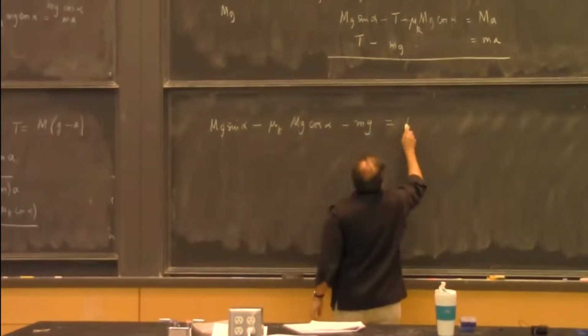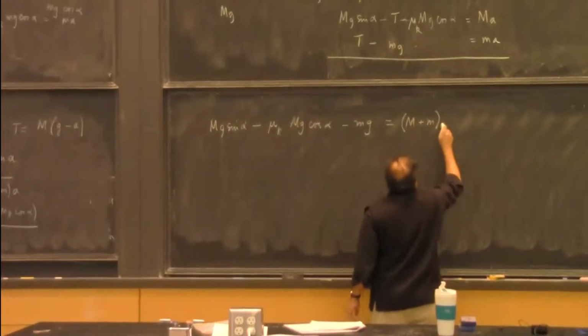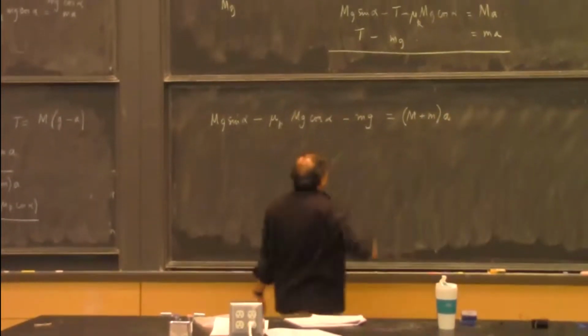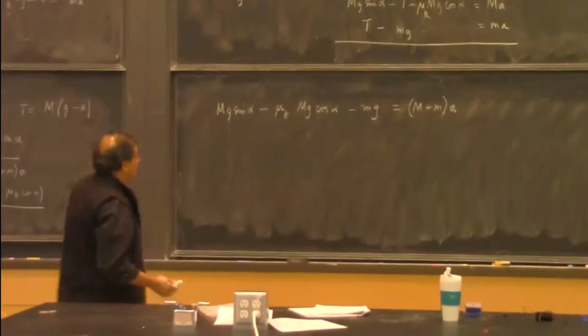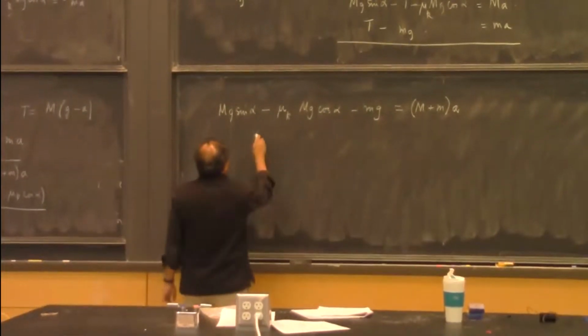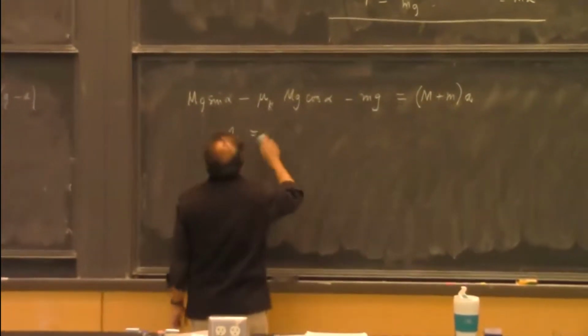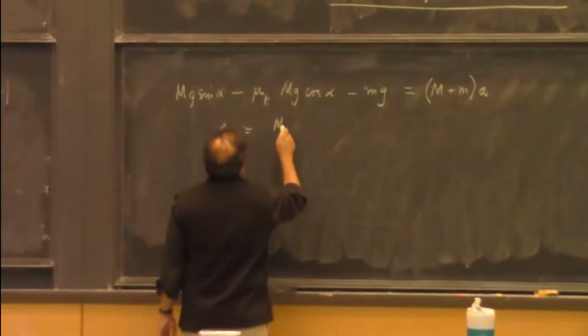And on the right side, I have big M plus small m times A. So once again, I'm in a position to actually get A out there. So A is, now you see big Mg has two terms. So I will take big Mg common.